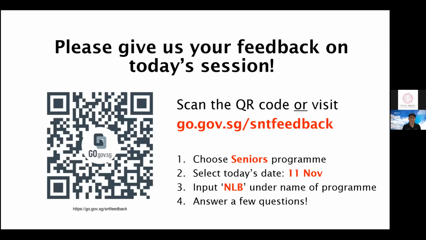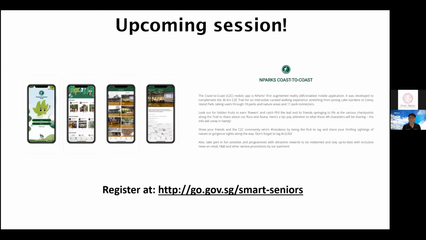I also want to share very briefly about next week's session. We'll be covering another government app called Coast to Coast. For those of you who are avid trekkers or like to enjoy nature, some of you may have heard of this new Coast to Coast trail that NParks have developed. It spans from Jurong Lake Gardens all the way to Coney Island at Punggol, and it's 36 kilometers in total.